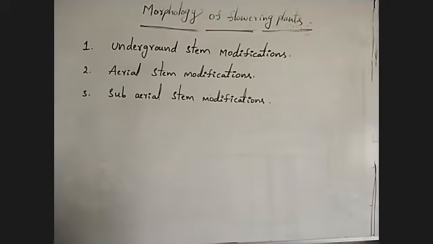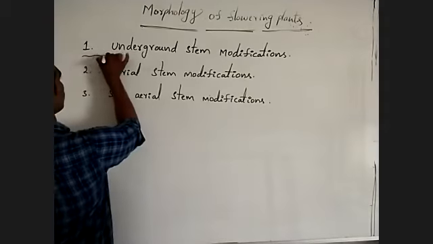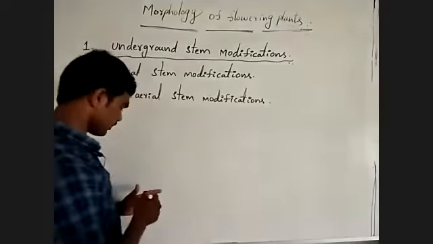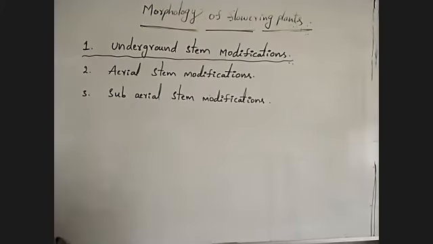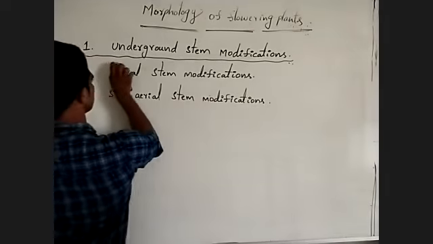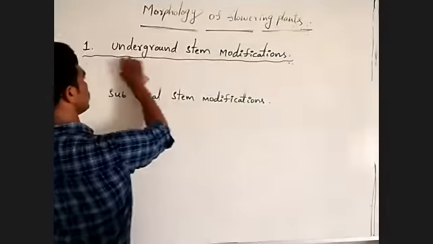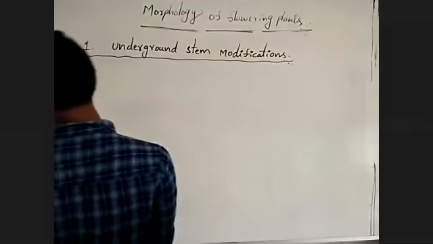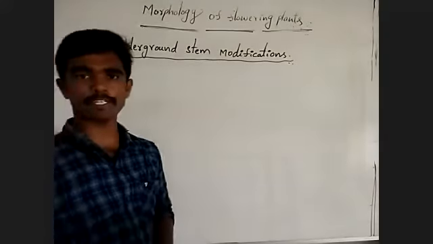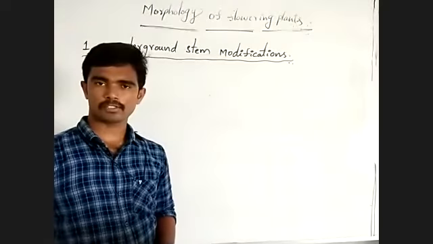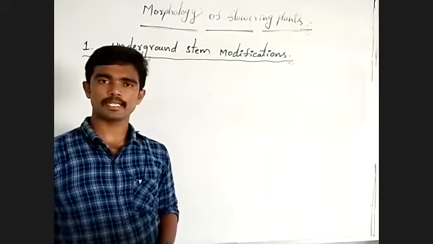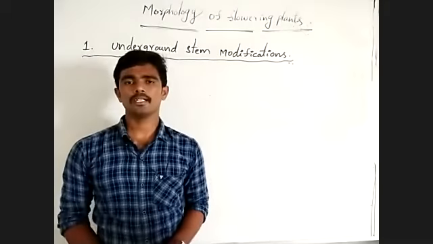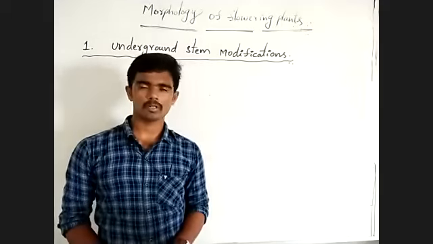Now, let us discuss about underground stem modification. What are the three types of stem modification? First one, underground stem modification. Second one, aerial stem modification. Next one, subaerial stem modification.